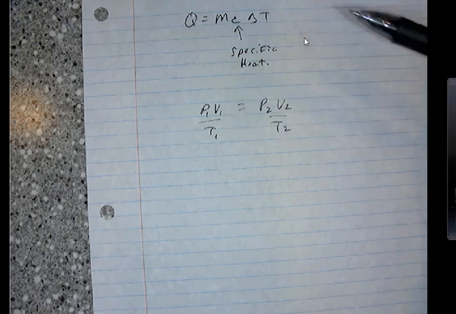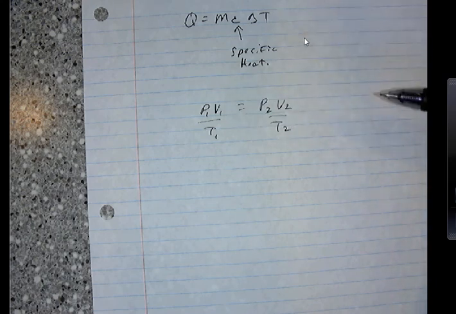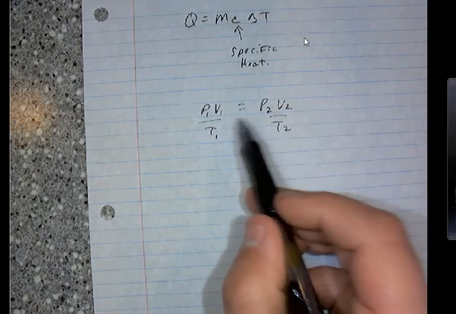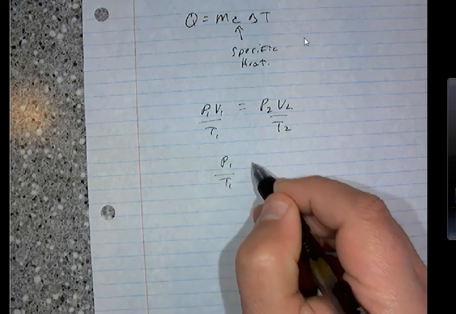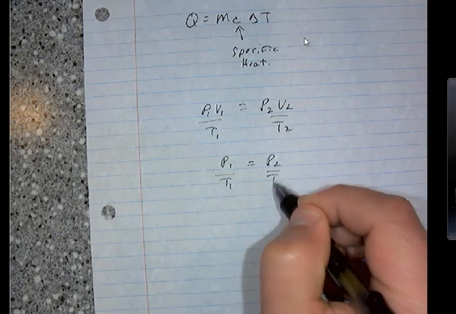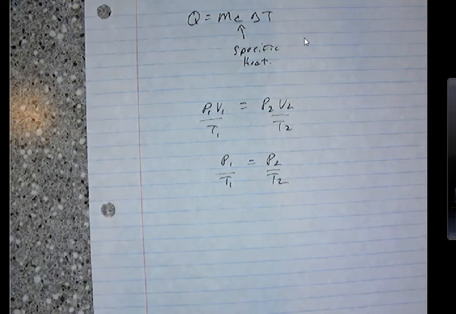Again, the volume is going to be staying the same in this case. If it's just a solid cylinder, you can see what happens to the pressure. So if the volume is staying the same on both sides, you just have P1 over T1 is equal to P2 over T2. And you can see how this works out. Okay, so by ideal gas processes, that's what I mean.